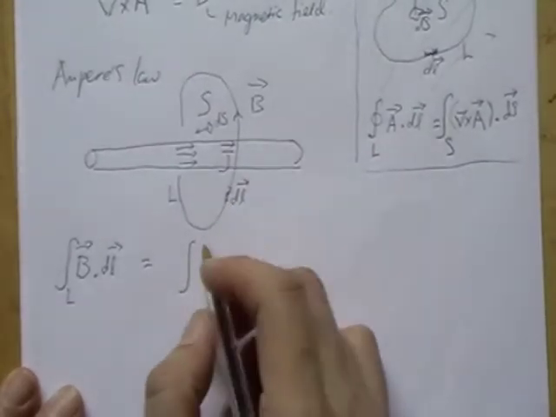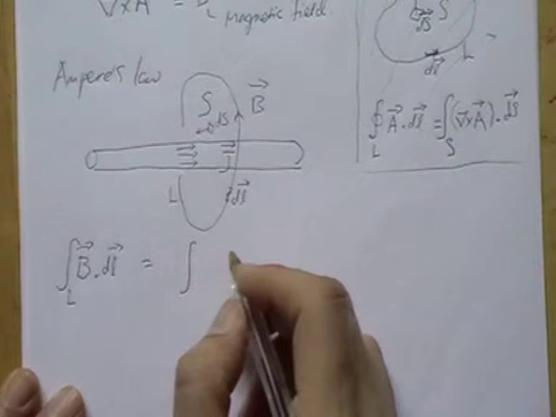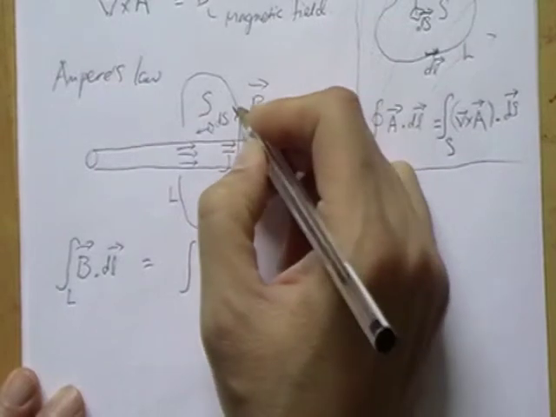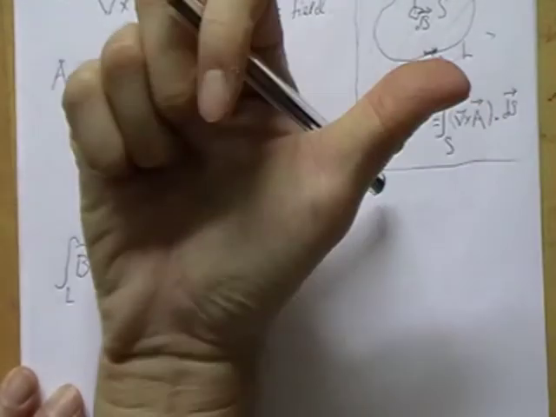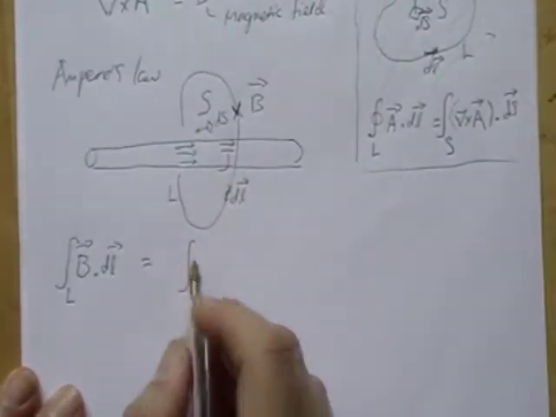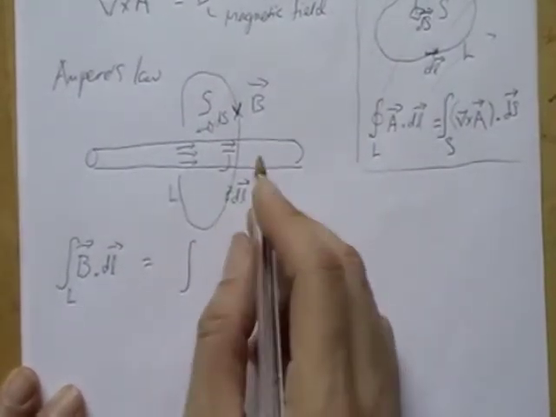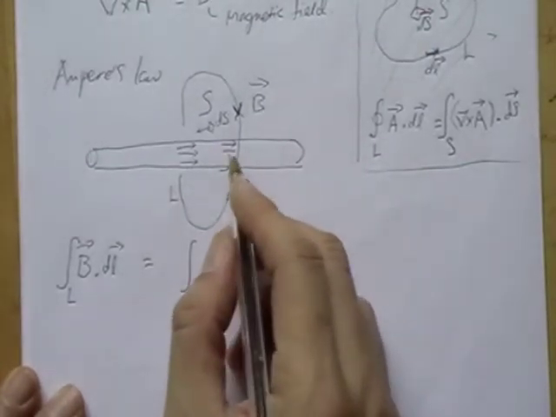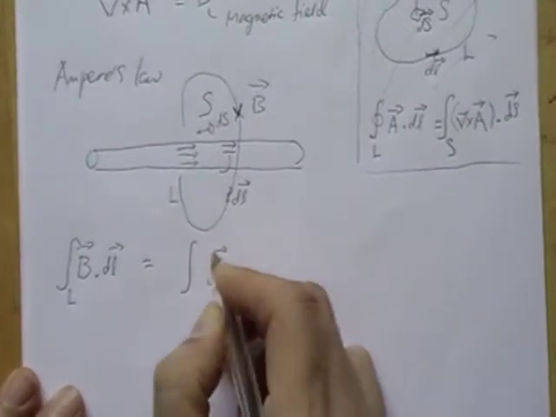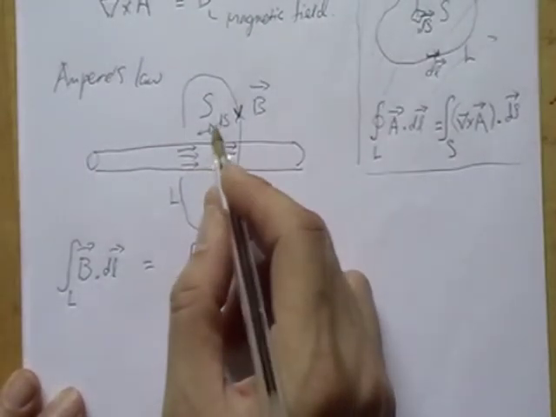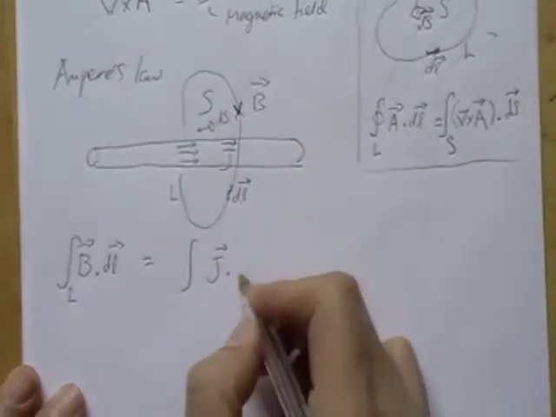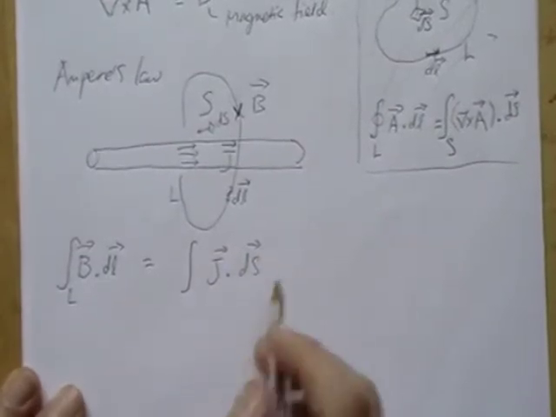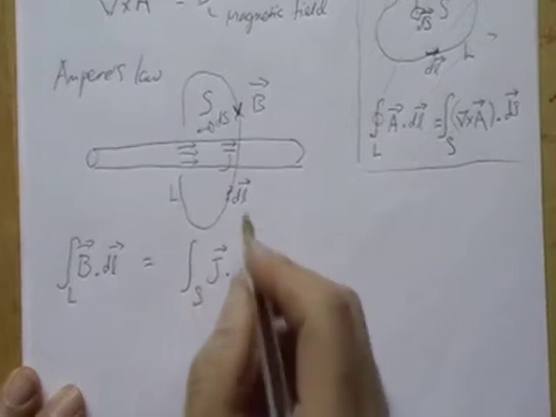Let me just correct that. The field should be in that direction. That's the right-hand thumb rule, isn't it? Now take the current density and dot it with the area element. This gives me the current going through that area, and integrate it over the whole surface.